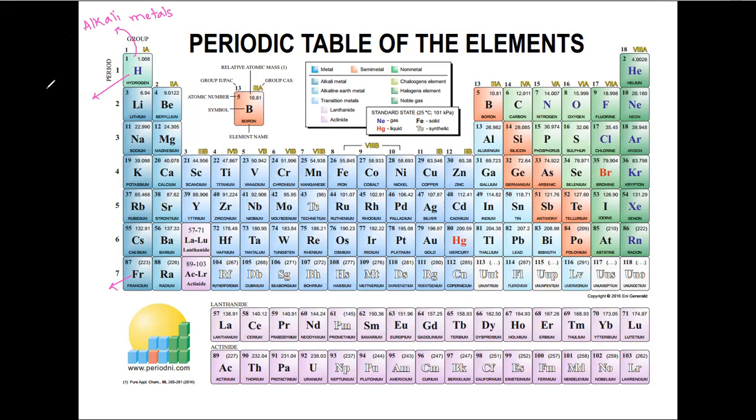But for now, remember, the first A group elements are called alkali metals. Coming to the second A group elements, these are called alkaline earth metals. I hope you know that alkali is nothing but base, even here also. Second A group elements are called alkaline earth metals, right?